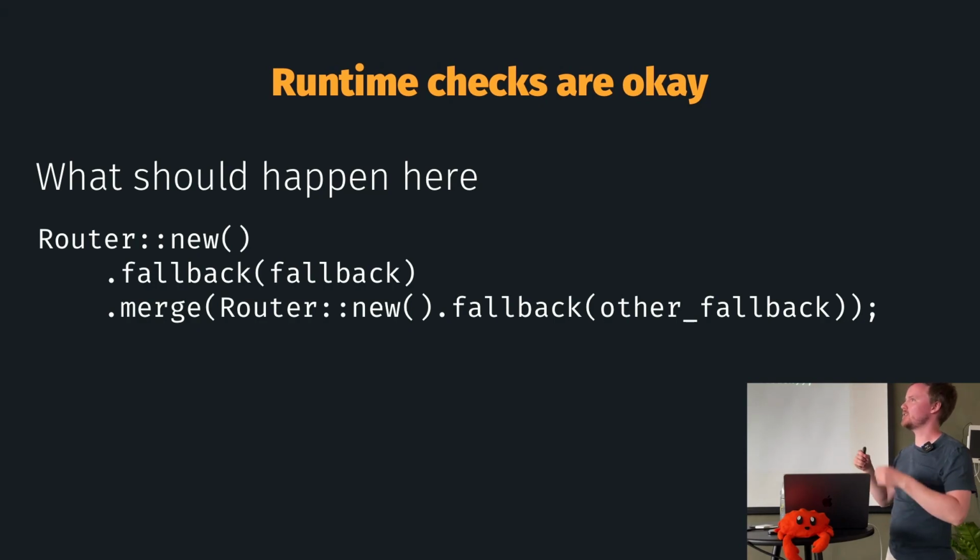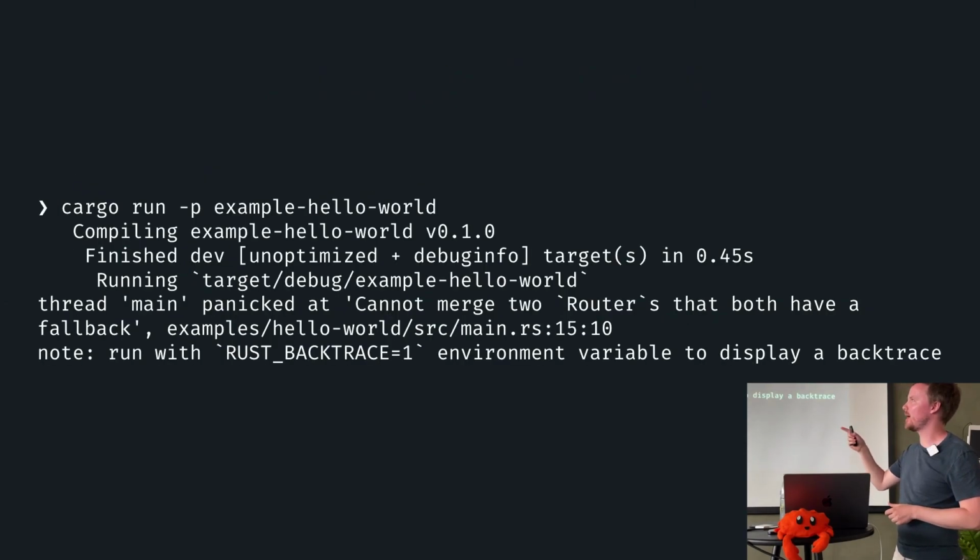You could imagine that you add maybe a const generic or some other generic type to the router itself that tracks whether a fallback has been added. And then we would only allow you to merge a router that doesn't have a fallback or something like that. Which we could totally do, but we choose not to, because you're going to see this compile error immediately when you run your application, because that's when you're building your router.